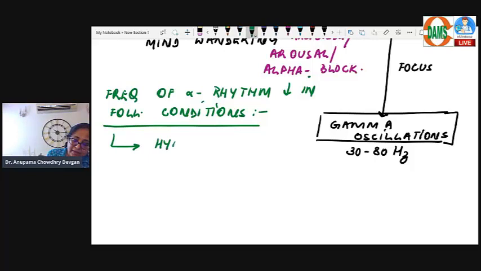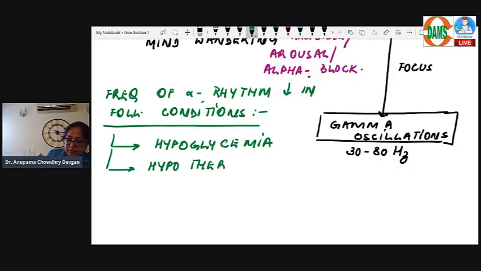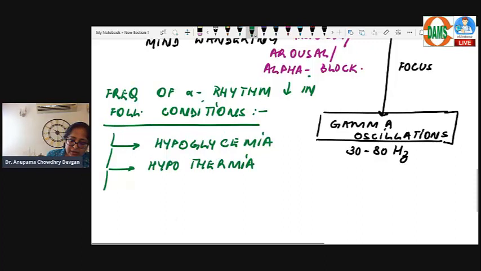Hypoglycemia, a decrease in the blood sugar level. Hypothermia, decrease in body temperature.